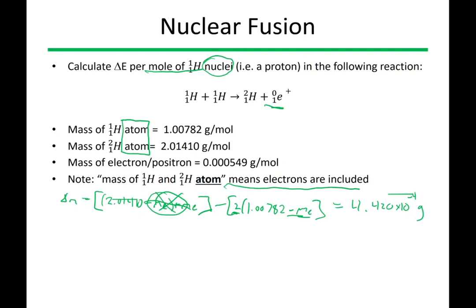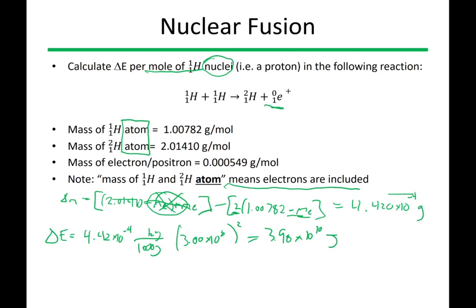So if we plug this in to our delta E, and this is our delta E equals mc squared, we get 4.42 times 10 to the negative fourth. Remember to convert to kilograms, and our speed of light squared. And this gets us 3.98 times 10 to the 10th joules.